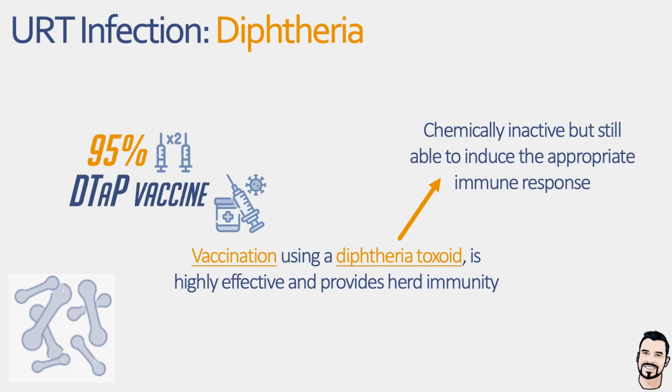Now, this vaccination is delivered multiple times as part of the DTaP vaccine known as Tripedia, combining vaccinations against diphtheria, tetanus, and pertussis. And so following vaccination, around 95% develop immunity, resulting in a decrease in the number of cases globally and allowing a level of herd immunity that protects those unable to get the vaccine.